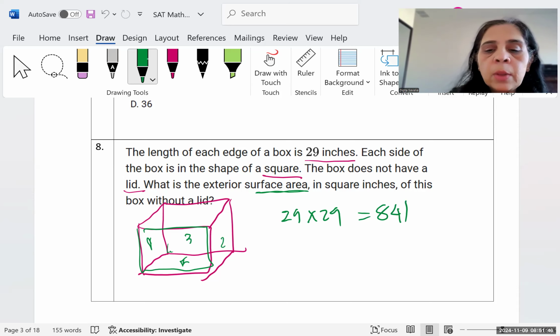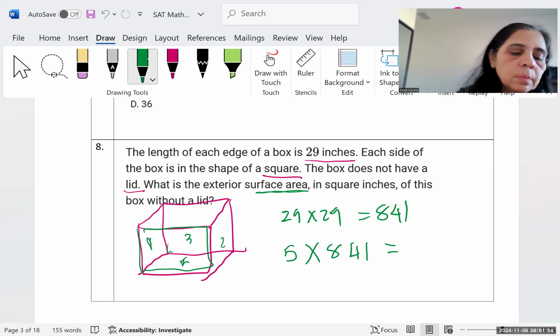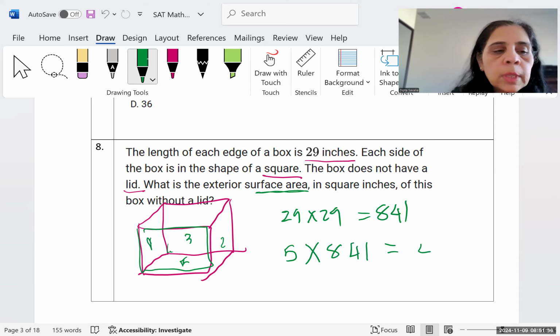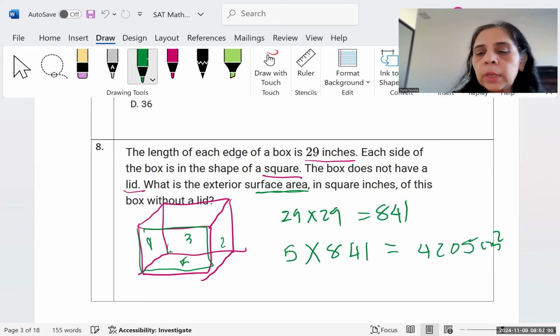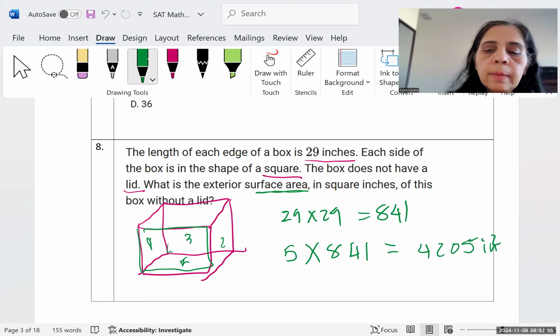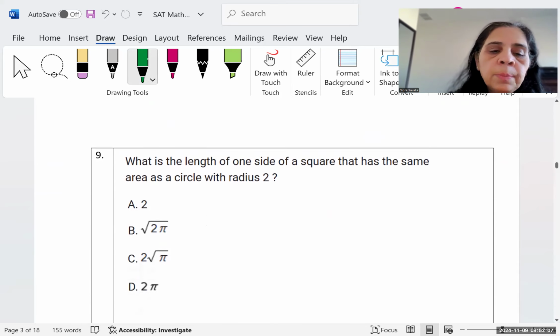Now we have 5 equal sides, so we can multiply by 5 or add 841 five times, which is 4,205 inch square, which is the surface area.